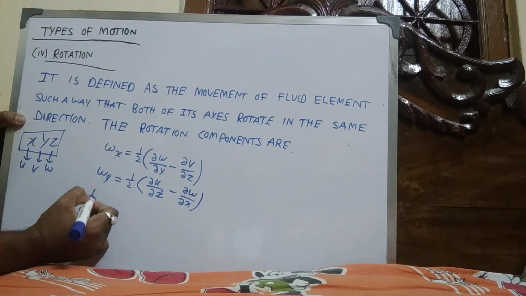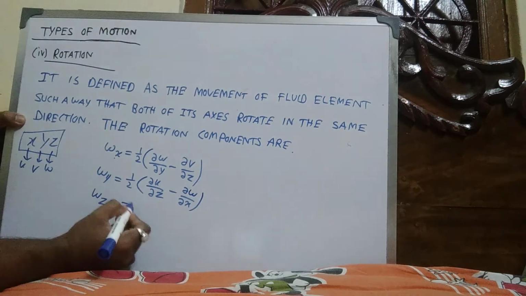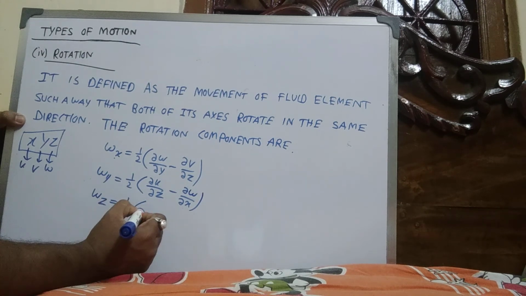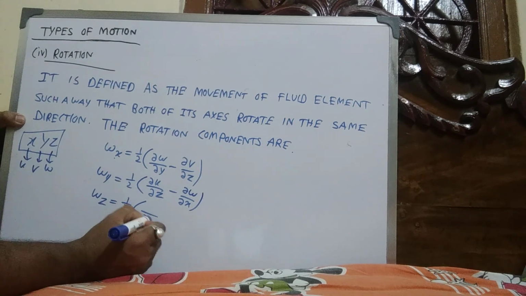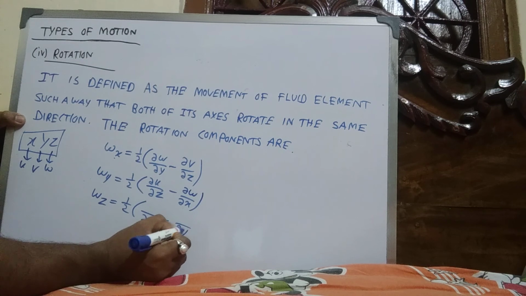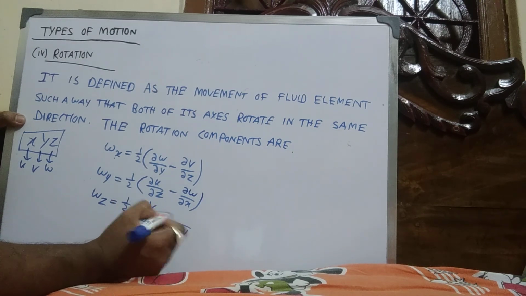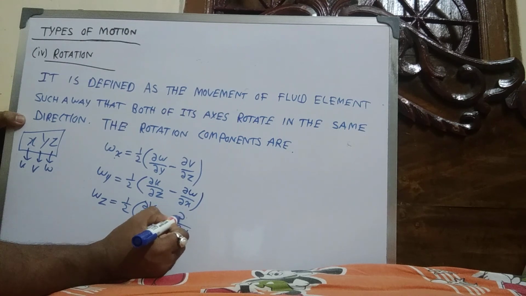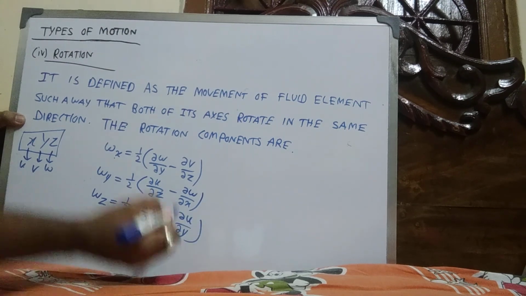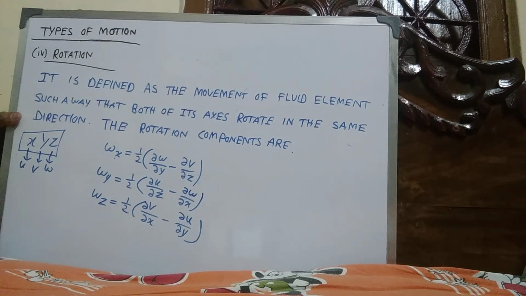Now this is half into (dv/dx minus du/dy). When these components are zero, it is irrotational flow or irrotation.